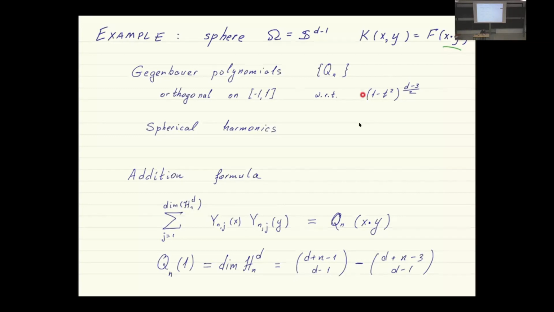This weight, with respect to which you're taking orthogonality, is the weight that arises when you integrate zonal functions over the sphere in cylindrical coordinates. Actually, this weight disappears when you're on S2 in dimension 3.